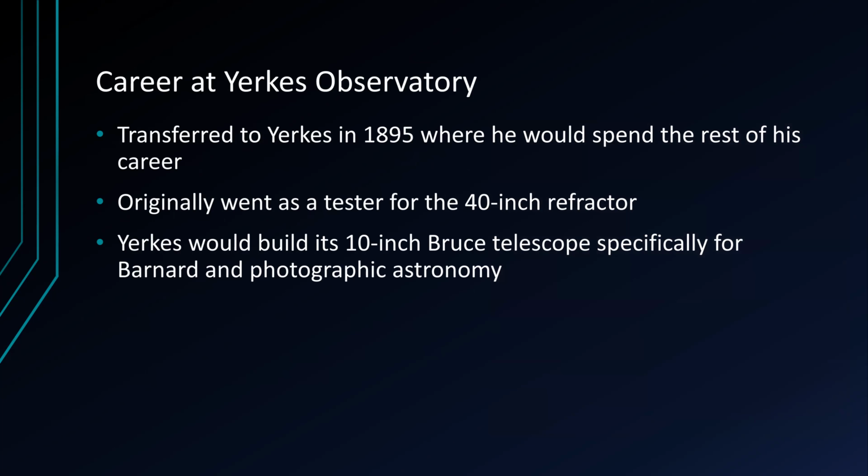He originally went there as a tester for the observatory's 40-inch telescope, but they just invited him on and he stayed. What was also really cool is that Yerkes would end up building a telescope solely for his use, known as the 10-inch Bruce telescope, and this would be dedicated solely for Barnard to use with photographic astronomy.